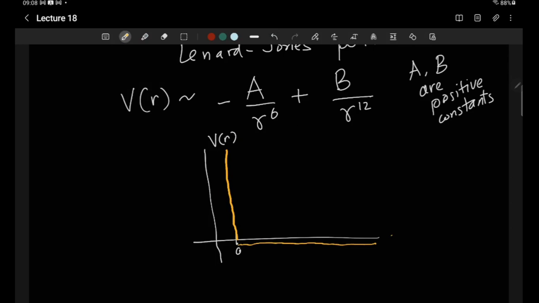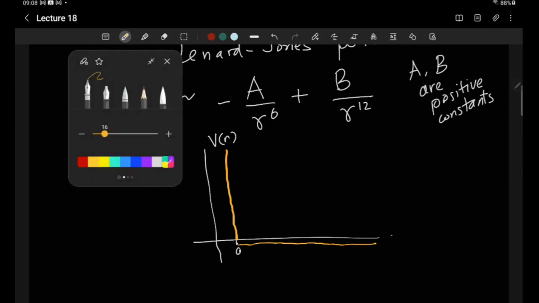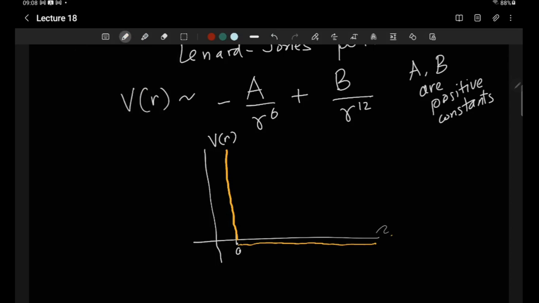So this is the potential, for instance, which has the same property. There are many more examples, but you can see that these kind of things will achieve what we need.